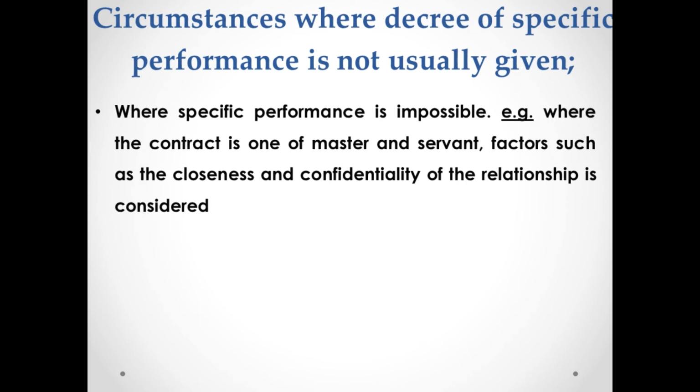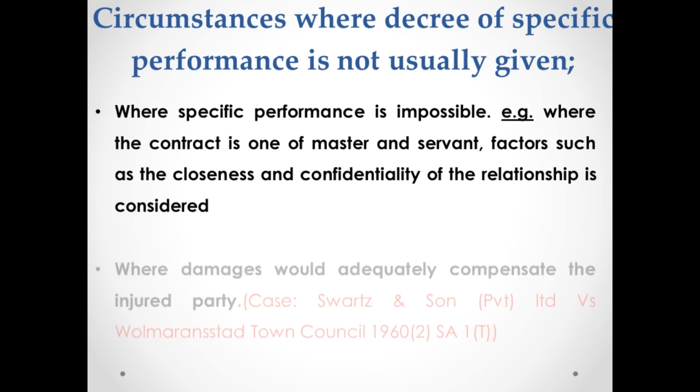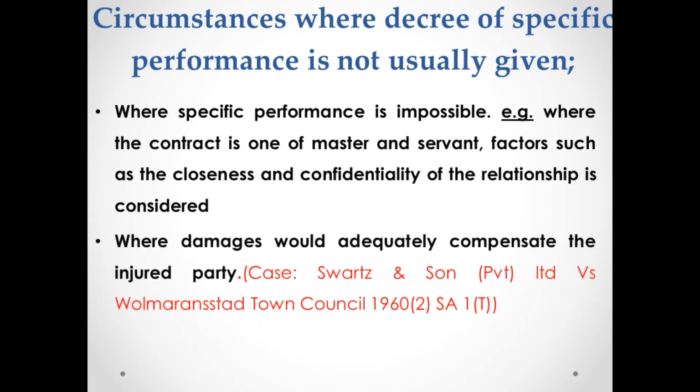Where specific performance is impossible, for example, where the contract is one of master and servant, factors such as the closeness of the relationship between the individuals and confidentiality are also considered by the court. Then, where damages would adequately compensate the injured party, specific performance is not given by the courts.